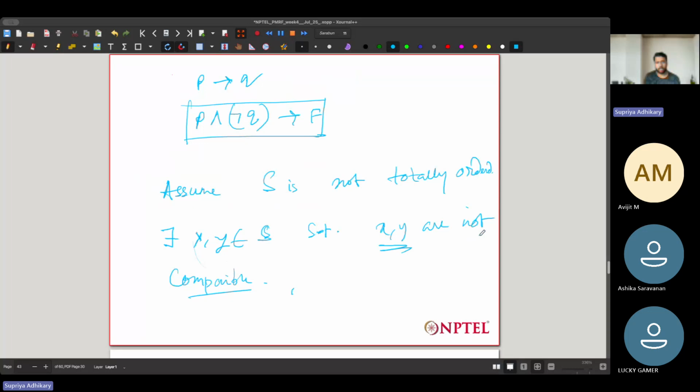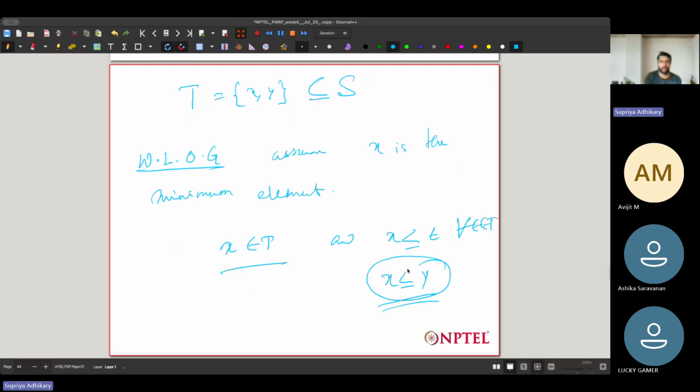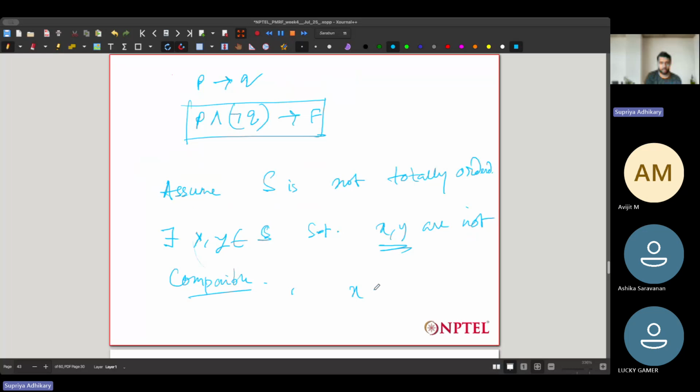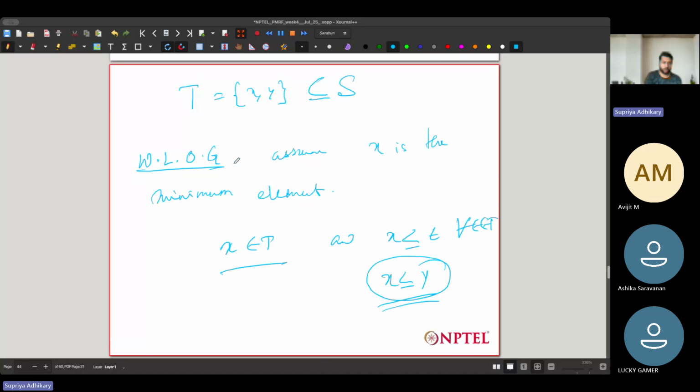So neither X is less than or equal to Y, nor is Y equal to X, nor is the other comparison true. None of them is true. But over here, we have come to the conclusion that X is less than or equal to Y, and this is true. So this is a contradiction.